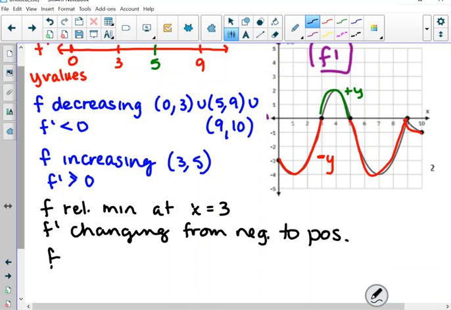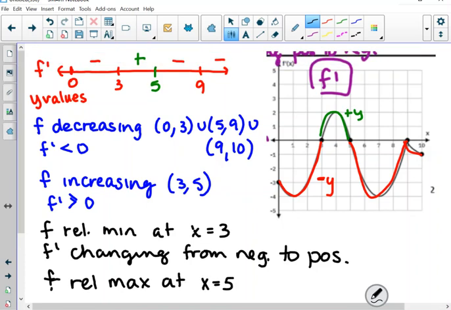And F has a relative maximum at x equals 5, because at x equals 5, after we finished increasing, we then start decreasing.